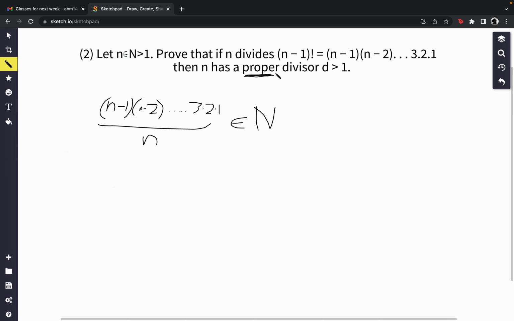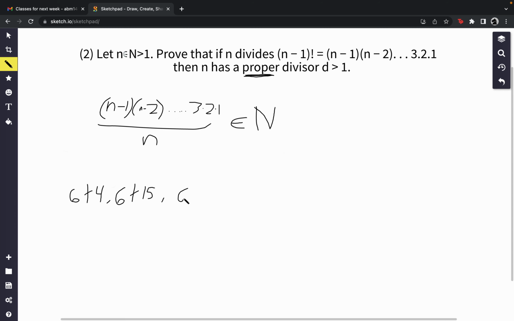This is sort of proven by a lemma that we learned in one of our lectures, where the example that we used is we have 6, and 6 does not divide 4, and 6 also does not divide 15.